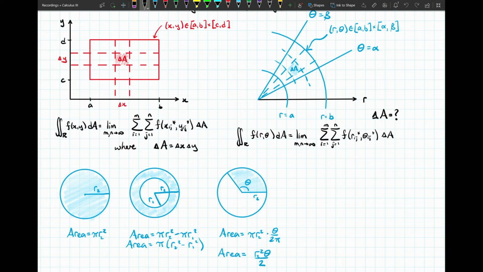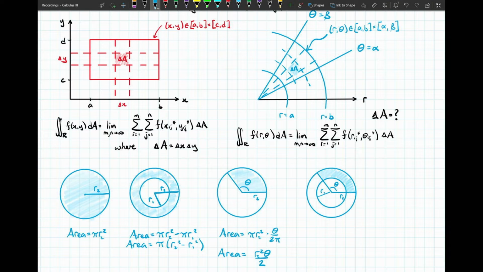I'm using r2 here again because the last step to get the area delta A is just to remove a small part of this shaded region by using some inner radius r1. Given an inner radius r1 and an outer radius r2, the area of this shaded region is a combination of these last two shapes.